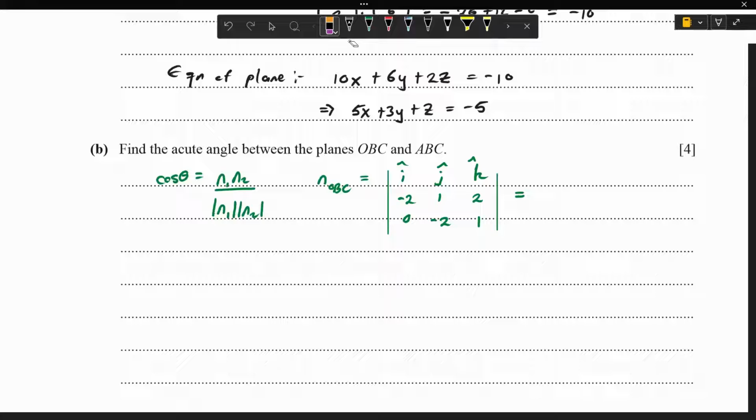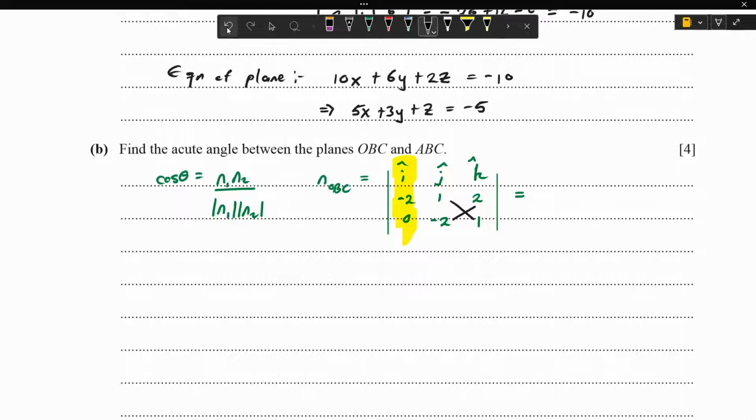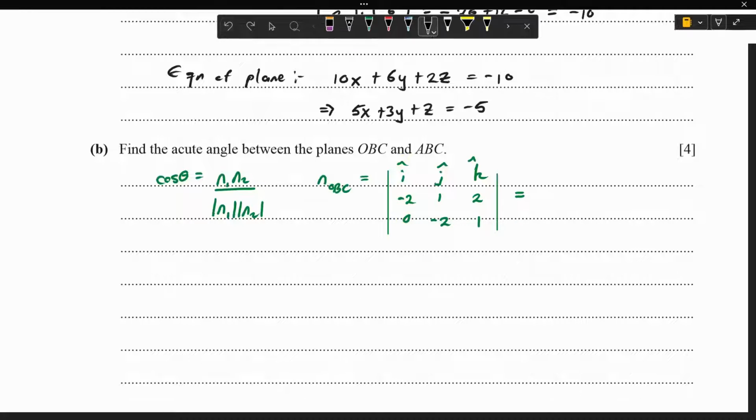So we're saying that if we close out i, then we'll be having 1 minus minus 4, which is 1 plus 4, so that's 5. So we have 5i here. And then we close out the middle, and we'll be having here minus 2 minus 0.